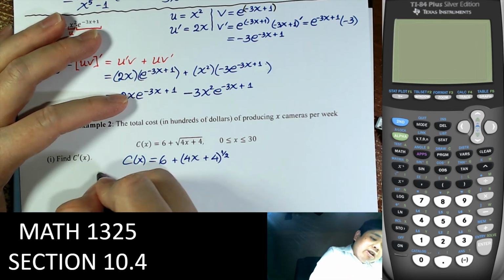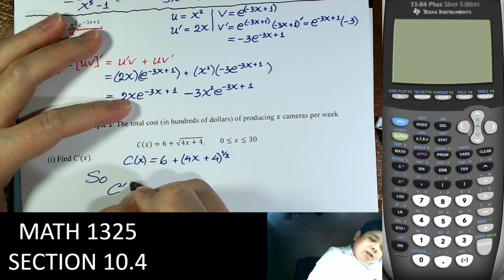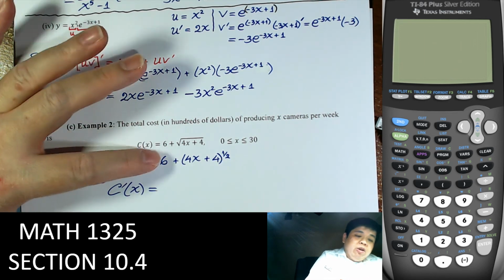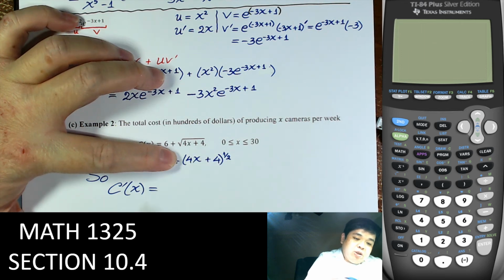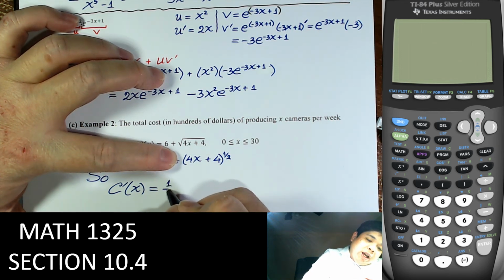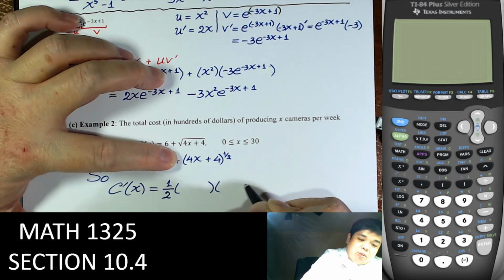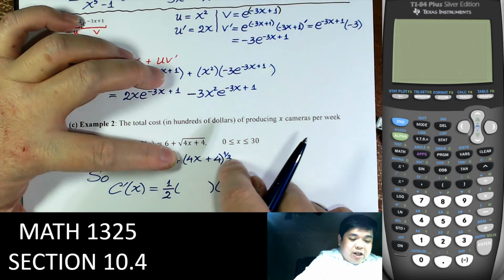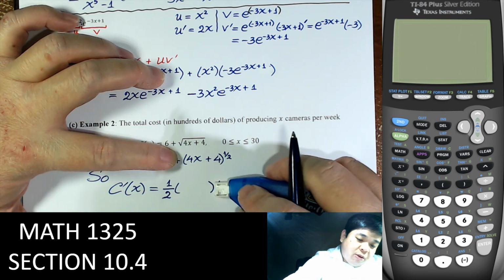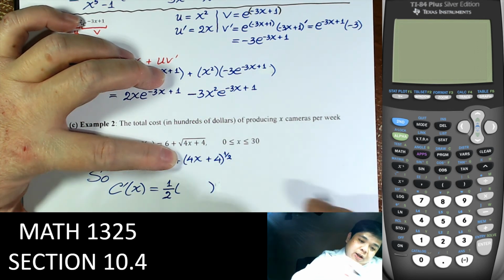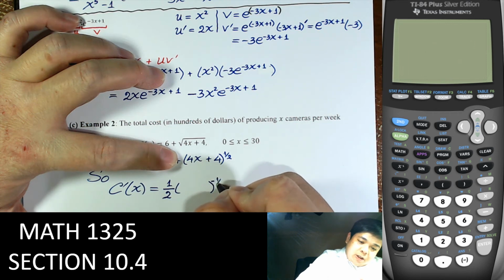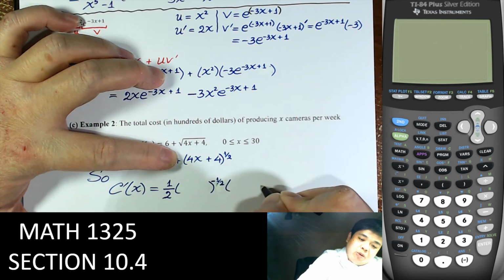Now we take the derivative. The derivative of the constant 6 is 0, and now the derivative of something to the 1/2. I bring down the 1/2, the parentheses, and then the parentheses, bring down the 1/2 original power, subtract 1, and then we have the derivative of the parentheses.